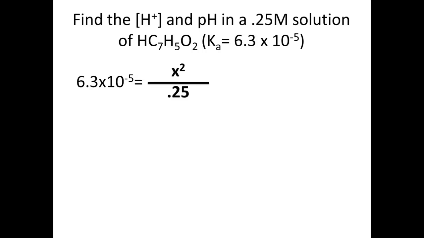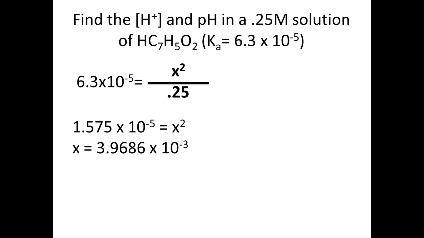Now, let's solve for x. First, multiply both sides by 0.25 to get 1.575 times 10 to the minus fifth equals x squared. Taking the square root, we get x equals 3.9686 times 10 to the minus third.